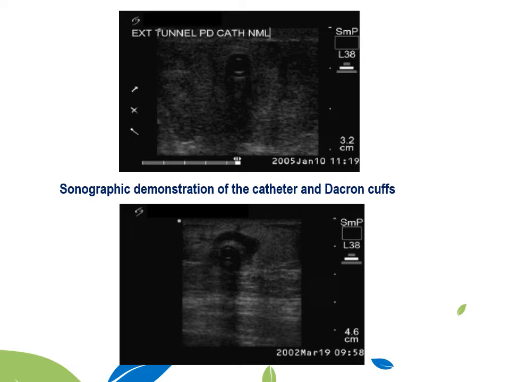With the use of ultrasound, it actually helps us a lot to identify some complications that may arise during the follow-up of the patient. Here's the ultrasound that shows the deep cuff, which looks very nice, with no collection, with no fluid all around.